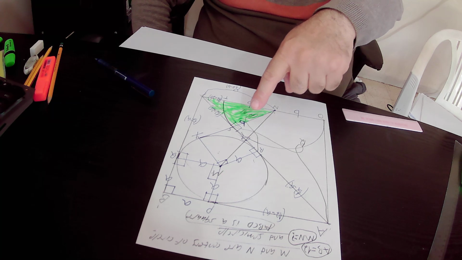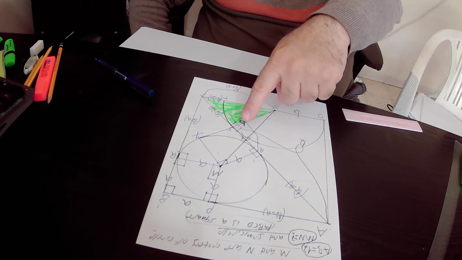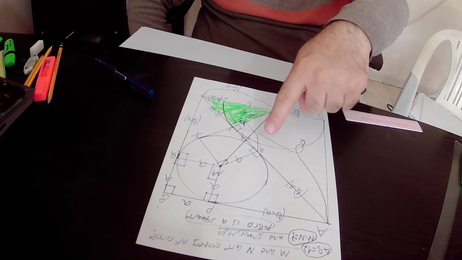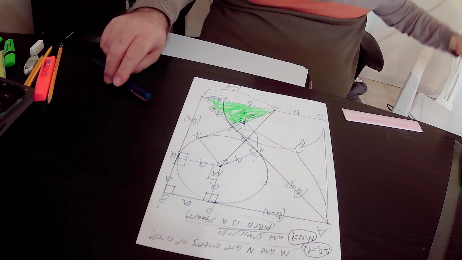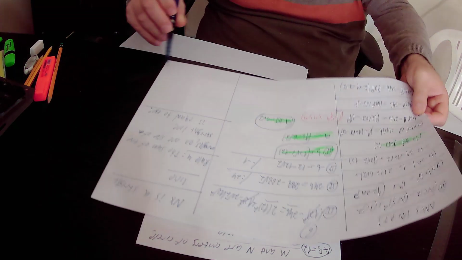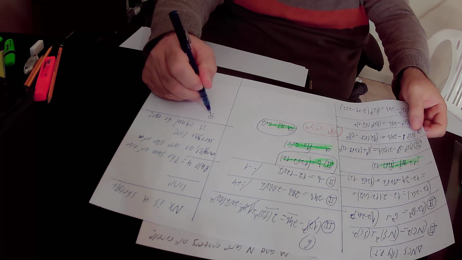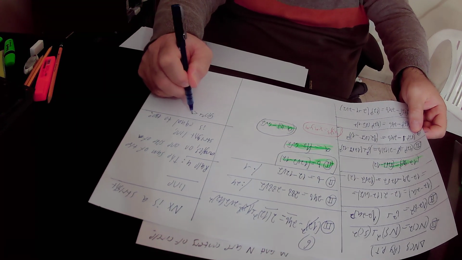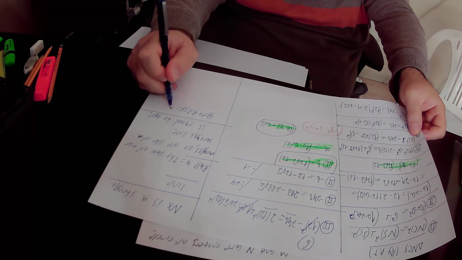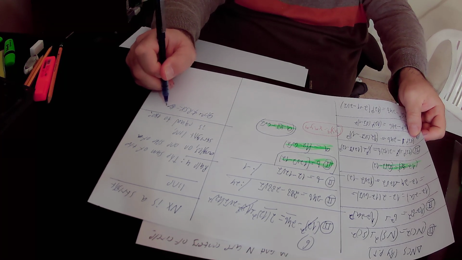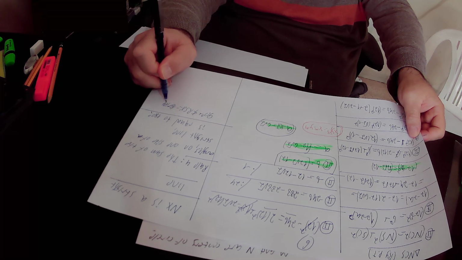We have here 90 degrees plus angle RSX. In total, the sum of those two angles must be equal to 180 degrees, according to rule number 4.